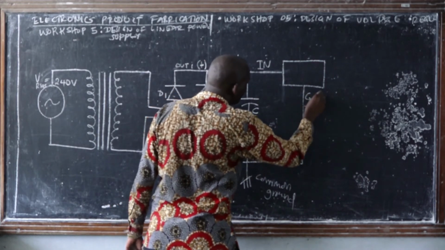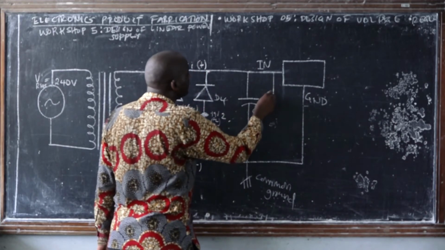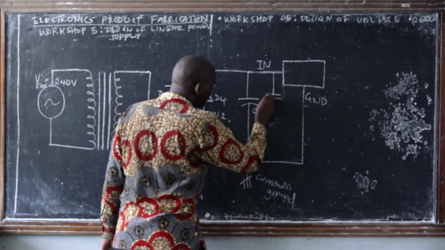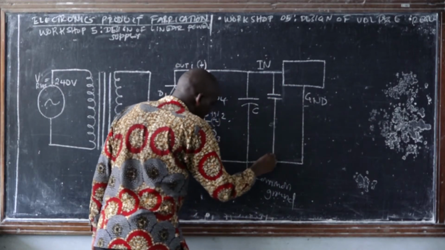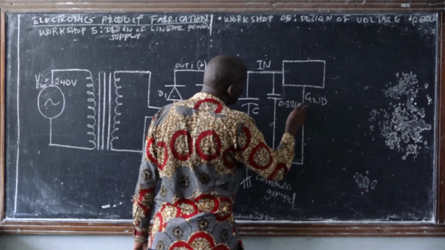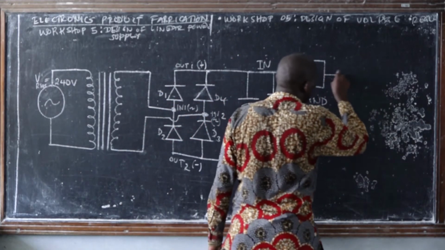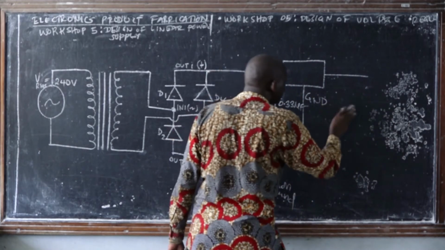This is ground. But we say that the voltage regulator needs a ceramic capacitor, and this is the schematic symbol, of 0.33 microfarad. Look on the blackboard.